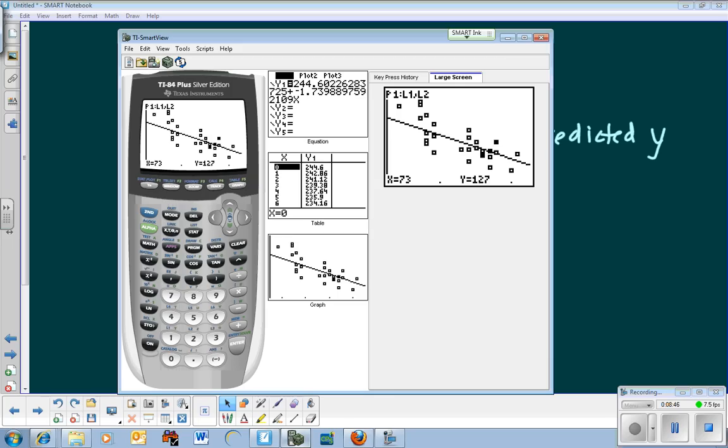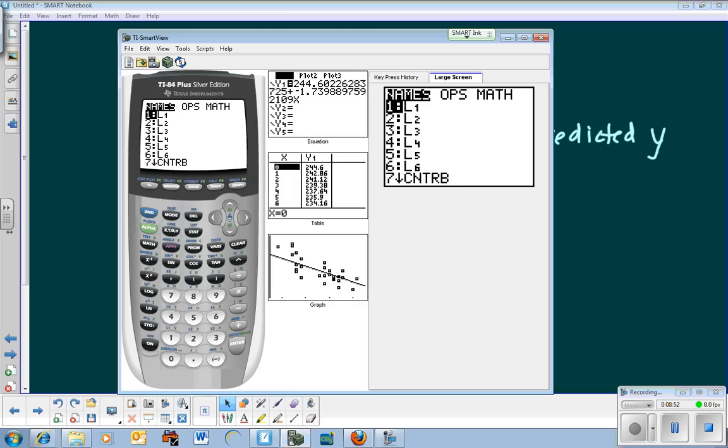Whenever you do linear regression, after you've calculated linreg, go back to second stat, which is the list menu. And if you go down, whenever you do linreg, a list is automatically created for you called resid. And that's the residuals for each point. It calculates every y value, the difference between the actual dot and the value that the line would predict for it.